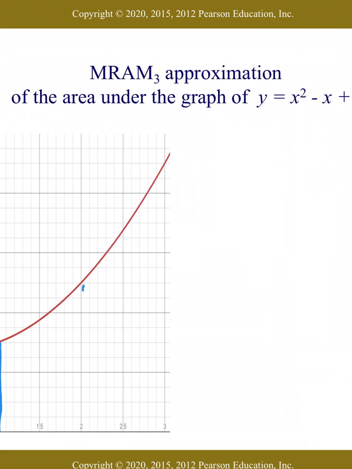We're going to be doing it right on the whole numbers, 0, 1, 2, and 3. Okay, our 3 intervals. But we want the center of the rectangle. So we're not going to be using the left corner, and we're not going to be using the right corner. We want the center of our rectangle to be determining the height.